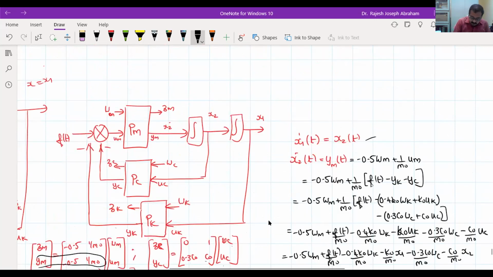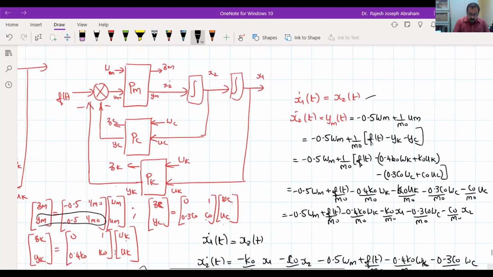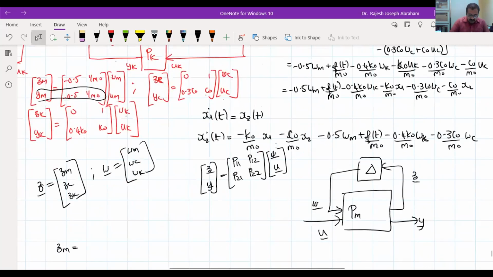Similarly, Ym is also minus 0.5 into Wm plus 1 by m naught into Um. So both are one and the same, and I can write Zm as Ym.